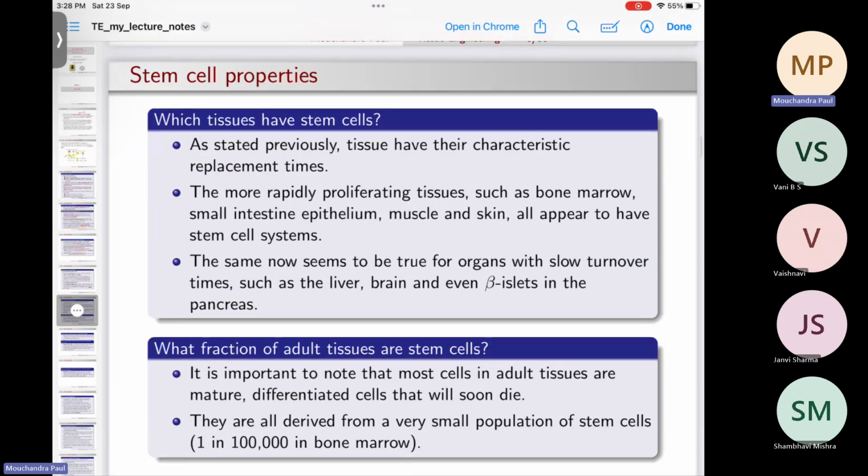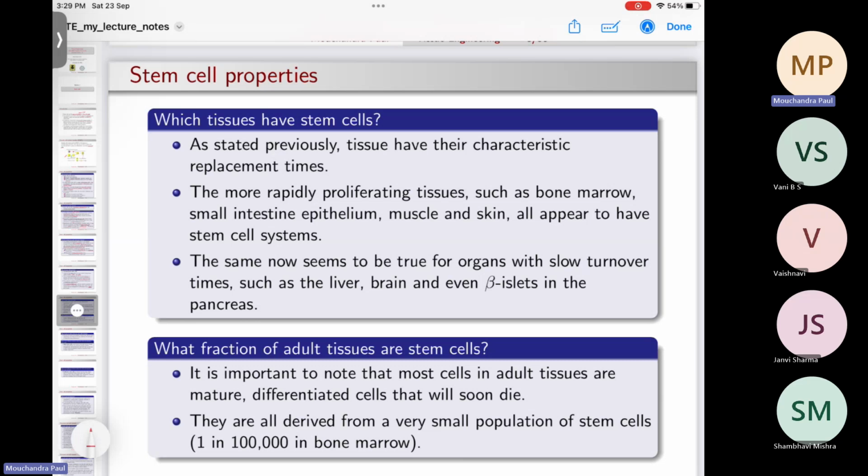Now, which tissues have stem cells? Another very important question actually. You know already that for any tissue you can define three dynamic states, right? The homeostasis, tissue repair state, and tissue formation state.